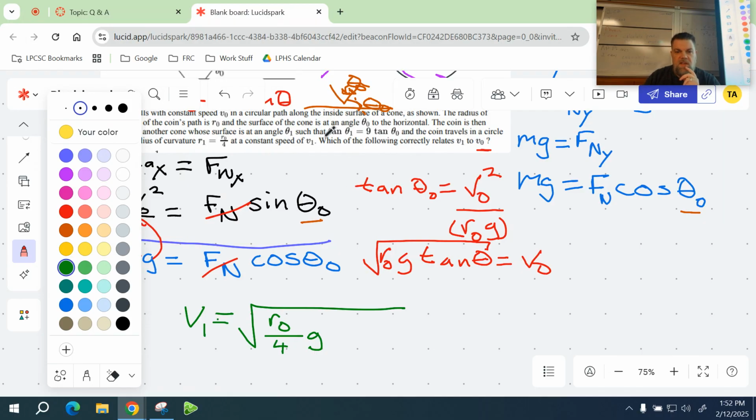It's telling us that because we have to plug in tangent of theta 1 to replace tangent of theta naught, and this should have a theta naught here, that's equal to 9 times tangent of theta.